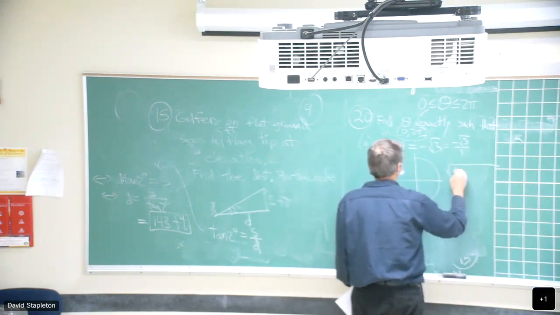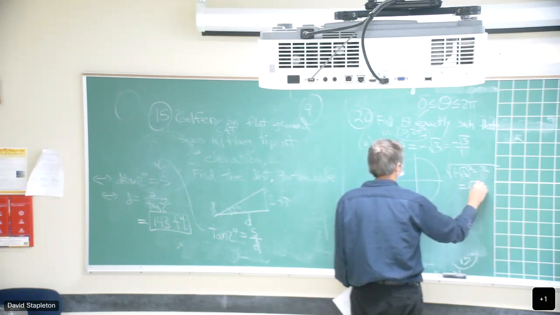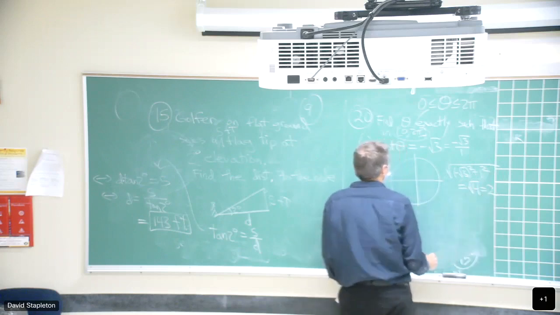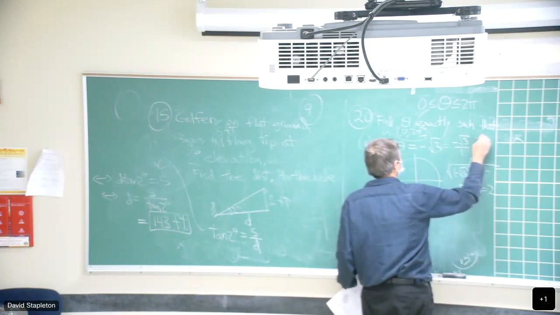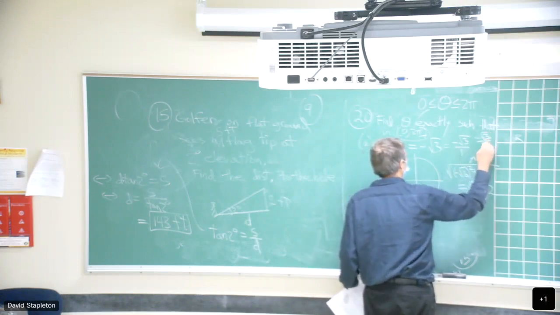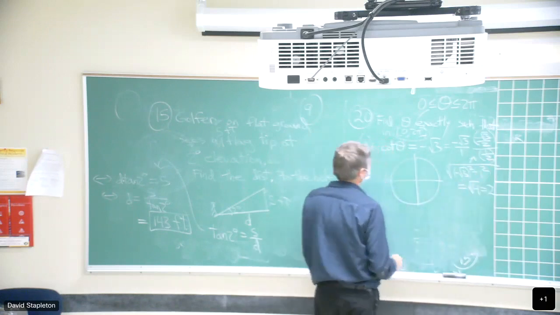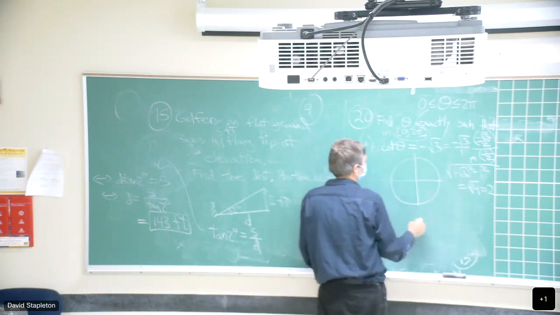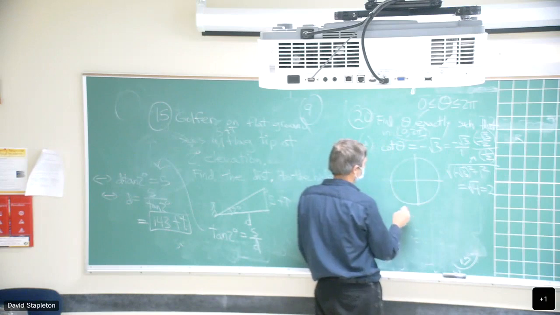Square root of minus square root of 3 squared plus 1 squared is square root of 4, which is 2. So I can rewrite this by dividing top and bottom by the square root. Minus square root of 3 over 2, 1 over 2. And now if I get the correct sign, the top will be cosine and the bottom will be sine.